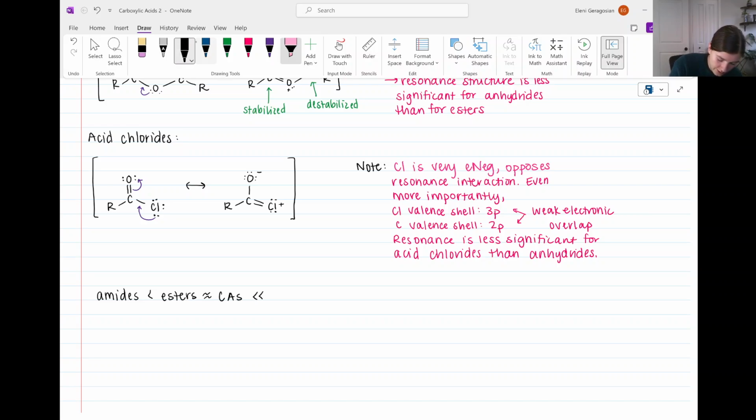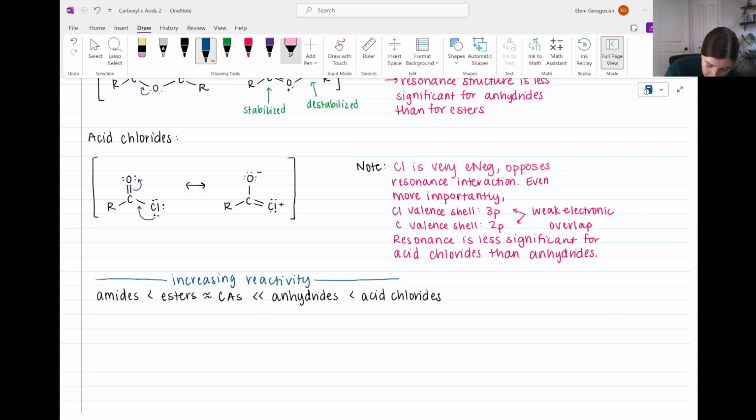And these are much less reactive than anhydrides, which are less reactive than acid chlorides. So this is increasing reactivity, which was stated in the first video, part 1.